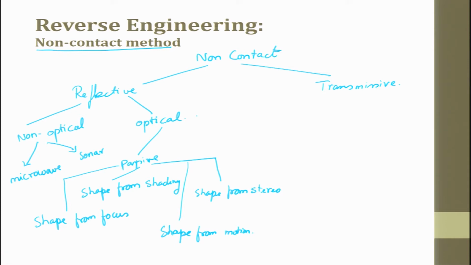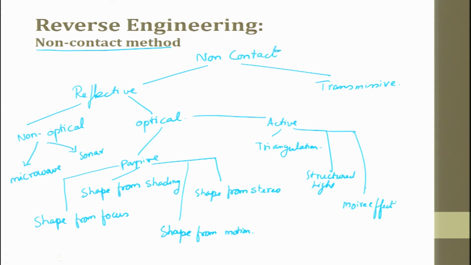Okay. Optical techniques, these are passive techniques, these are active techniques. So, in active techniques we use triangulation, we use structured light, we use Moire fringe, Moire effect, then time of flight, then we use laser.